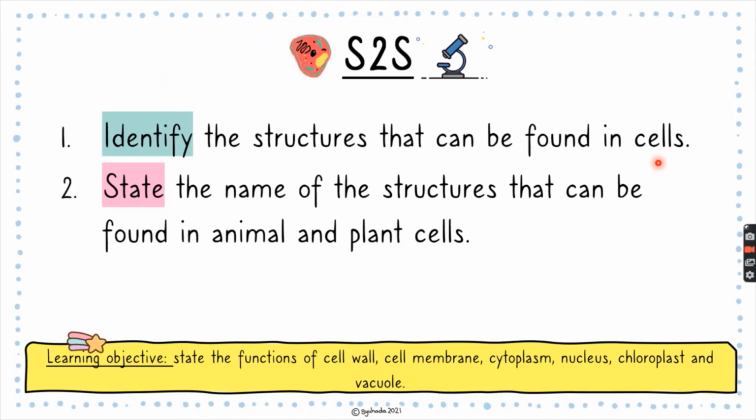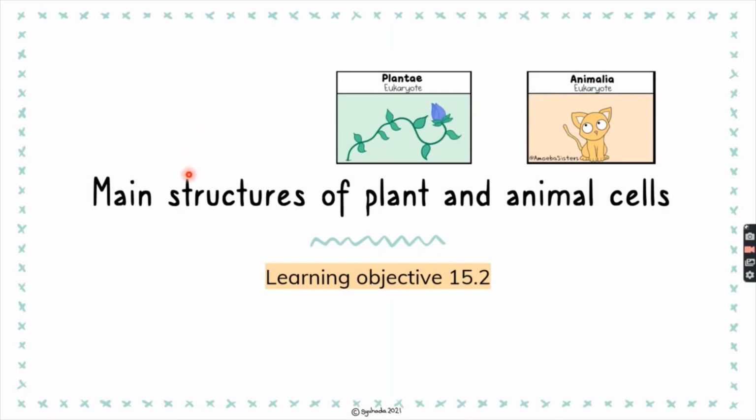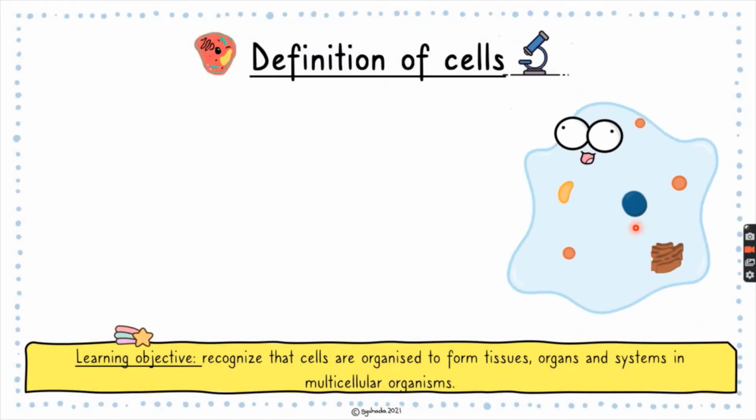That means you need to know how it looks, and when you look at it, you're like, yes, this is it. And after you know how it looks, you should be able to state the name of the structures that can be found in animal and plant cells, and also state their function as well. What do they do? So we are going to mainly look at typical plant and animal cells for this objective.